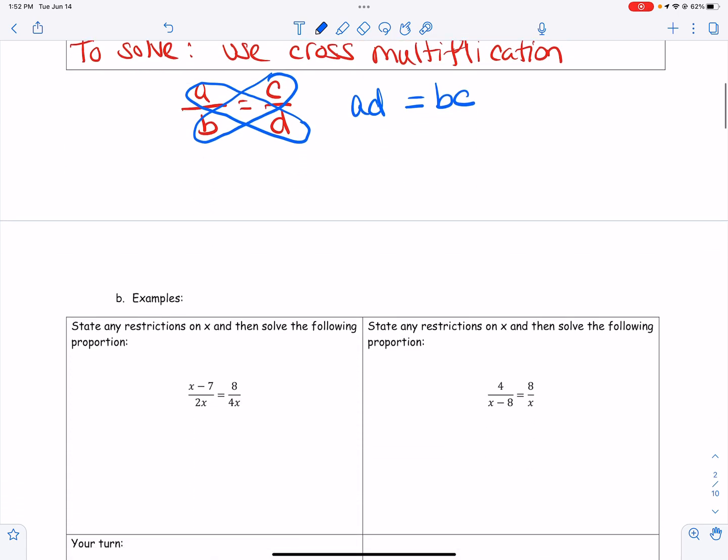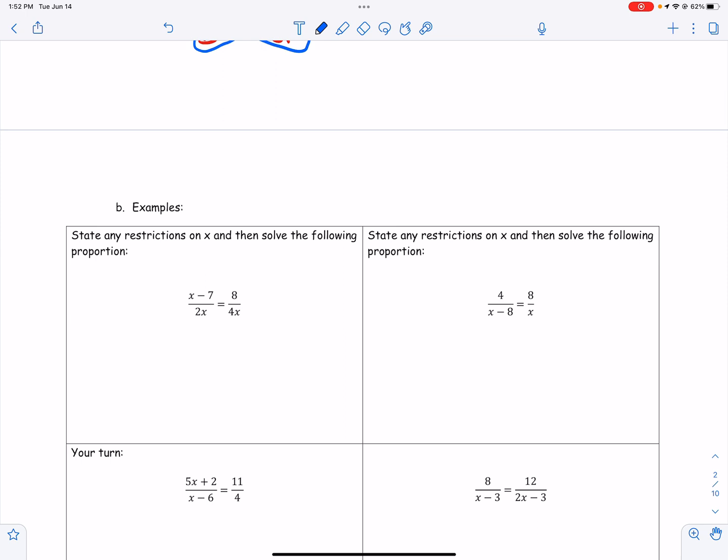So the first ones that we're going to look at, first you have to state any restrictions on the variables. And remember, restrictions are things that are going to make those denominators zero. So I make a little column. Restrictions: I set each one of these denominators not equal to zero. For both of them, x cannot be 0.